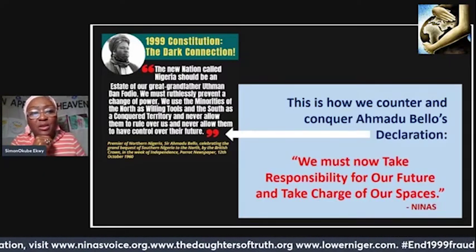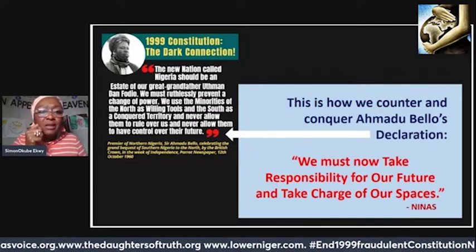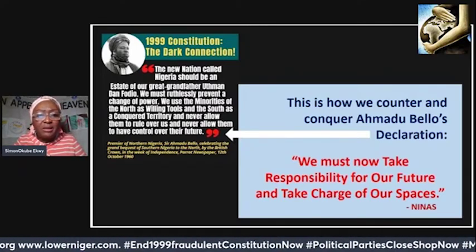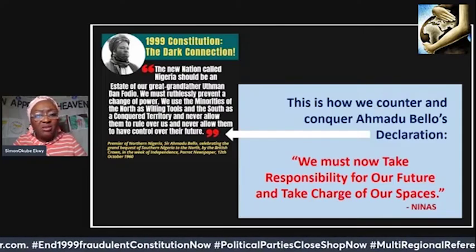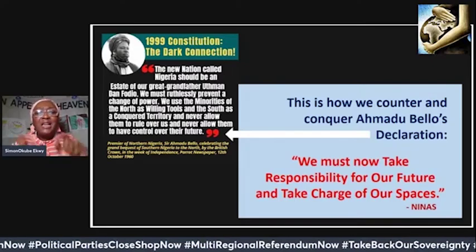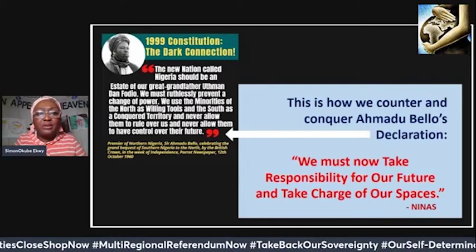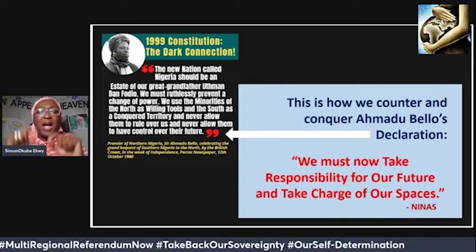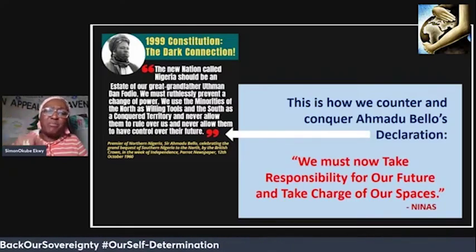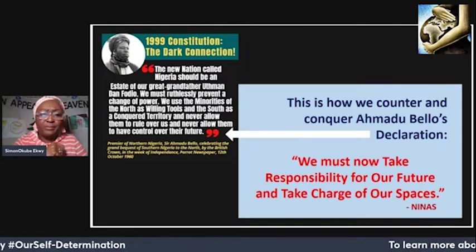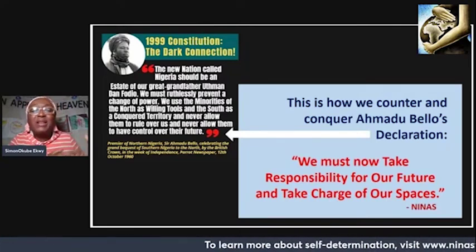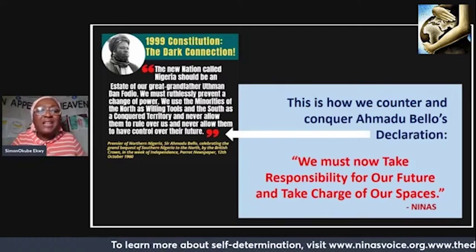Remember what we used to be told all the time about this Fulani man, Sir Amado Bello. But he said something interesting. He said, the new nation called Nigeria should be an estate of our great-grandfather Uthman Danfodio. We must ruthlessly prevent a change of power. We use the minorities of the North, he was talking about the middle belt then, as willing tools.